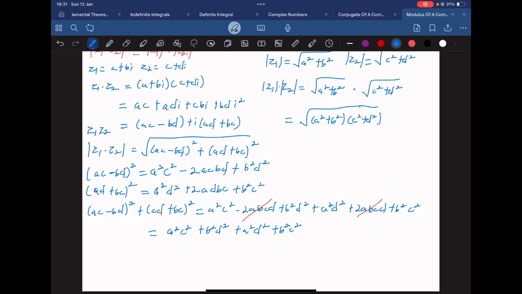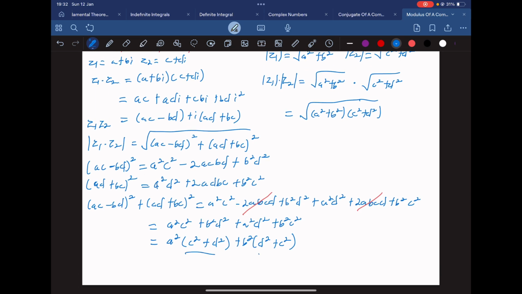So in this case, we can factorize some terms out. So let's say we factorize A squared out. We are going to have C squared over here left. There's another A squared over here. So if we factorize that one out, we are going to have positive D squared here. Now let's factorize B squared also out. So we have B squared over here, then we have D squared plus C squared. Now since this and this are the same, we can now add these 2 right here.